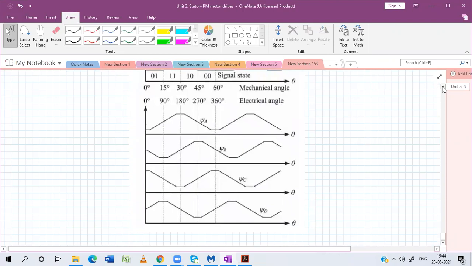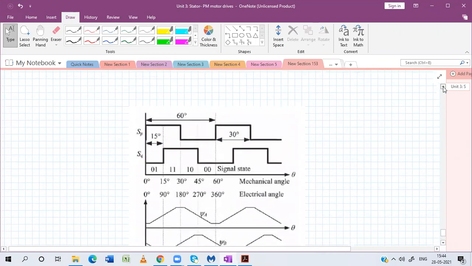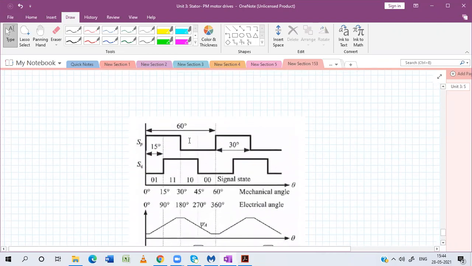Now see over here. Are you able to see these waveforms? This waveform shows the input given to optocoupler P, and this is the input to optocoupler Q. Here it shows 0, 1.